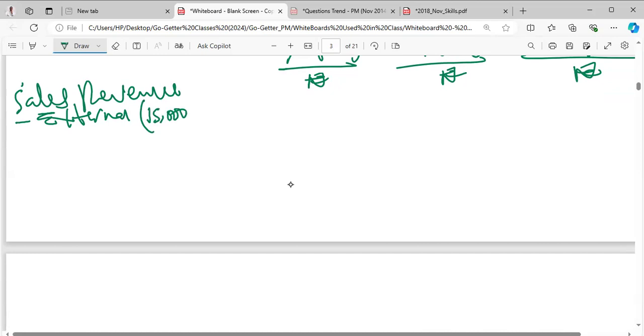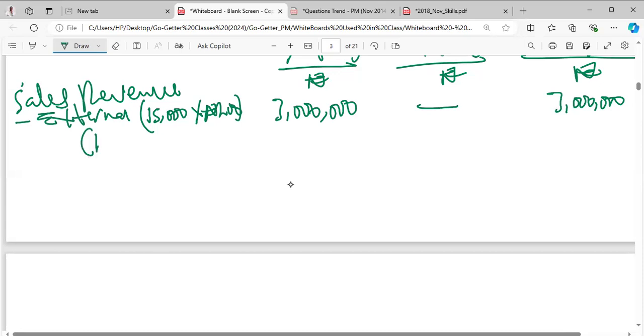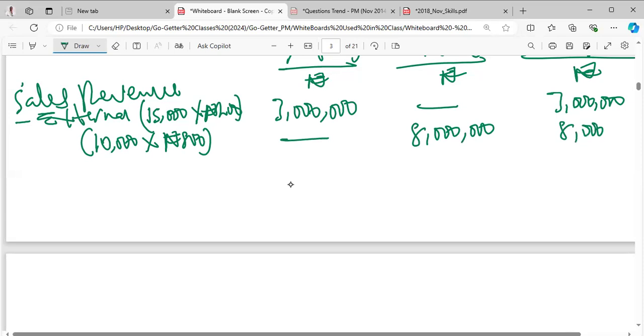15,000 sold to the external market at 200 naira will give us 3 million as usual. Then we also have 10,000 units sold at 800 naira, which will give us 8 million as usual. That's external. Then we have internal.